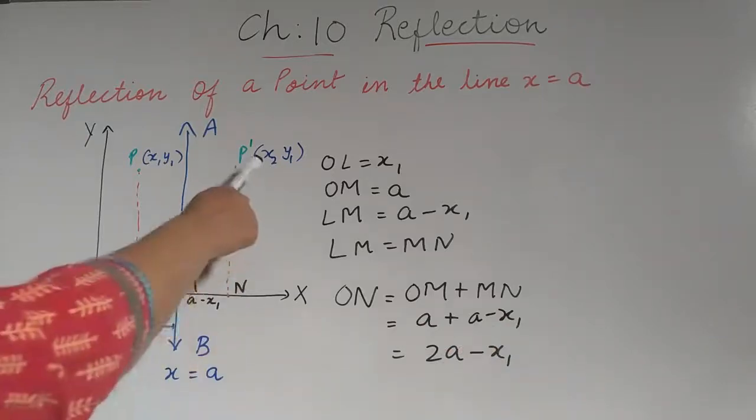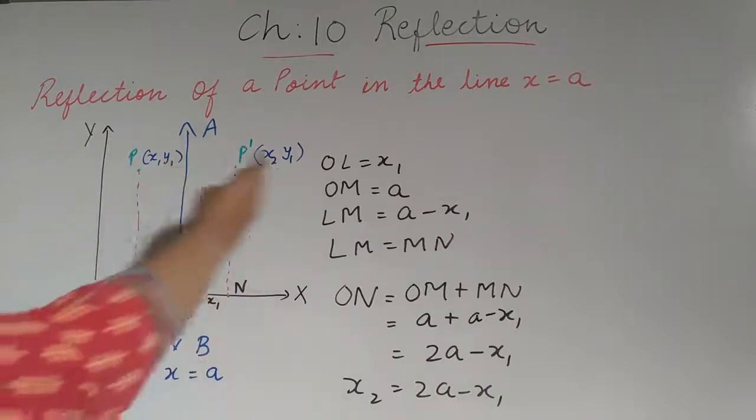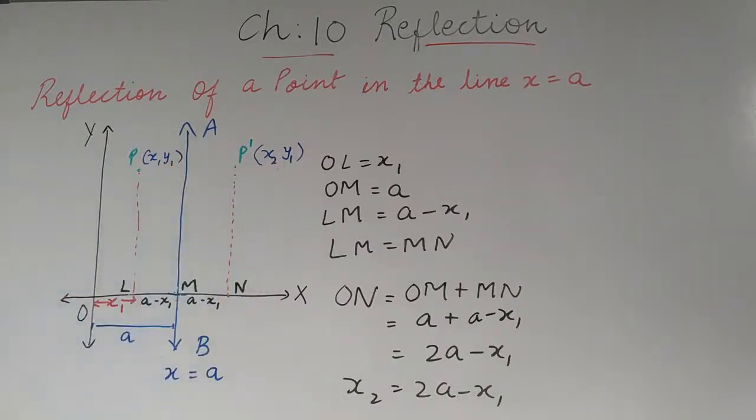It means what is our x2 point? x2 is equal to 2a minus x1. These are the coordinates I got of this point x2. And as I told you, the y coordinate will not change, it will remain the same. So how can we represent this reflection?